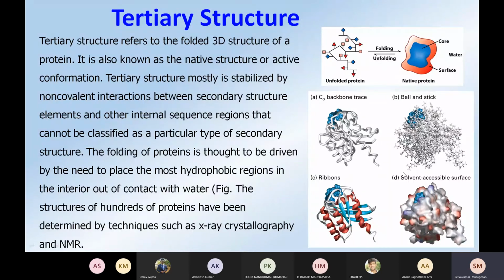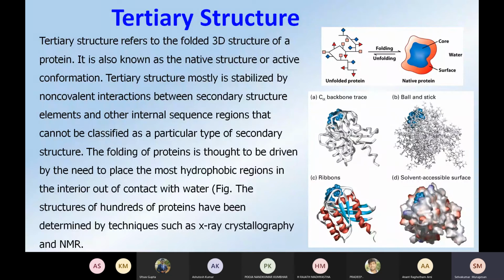That formation could be shown as a backbone trace, or sometimes they call it ball and stick. Sometimes it is shown in the form of ribbons combined with alpha helix and beta sheet, either in a parallel or anti-parallel way. So basically, how is this aggregation happening? The protein has different charges, and the solvent or the water also has different charges.